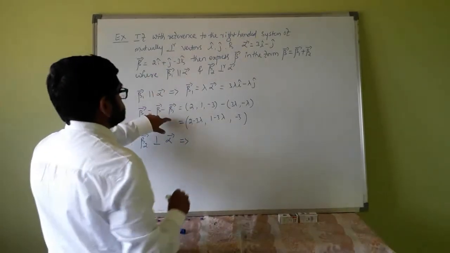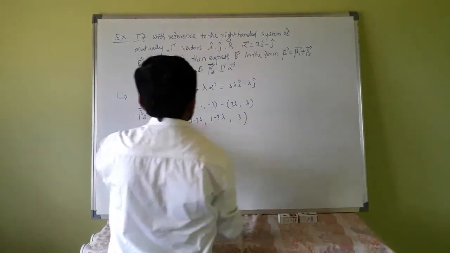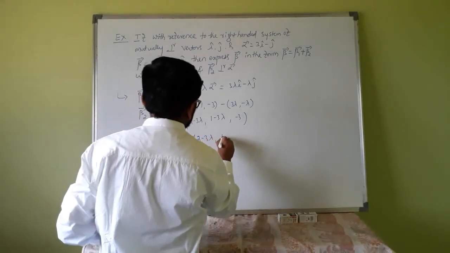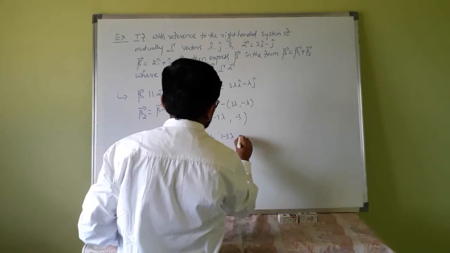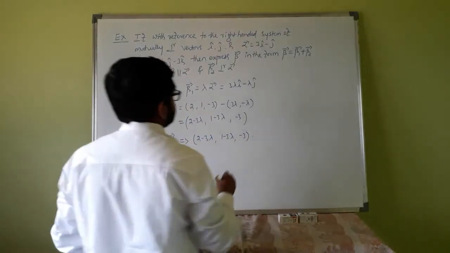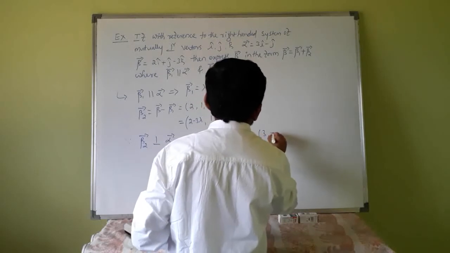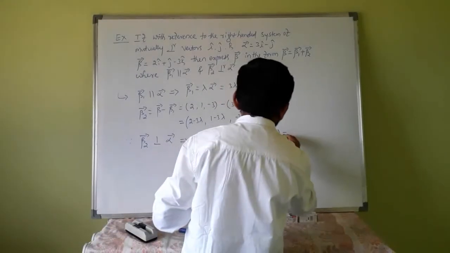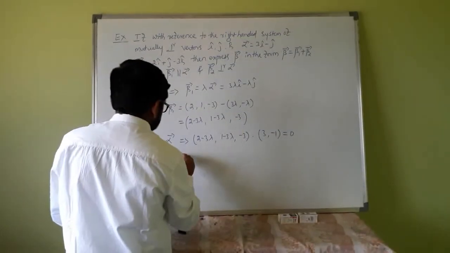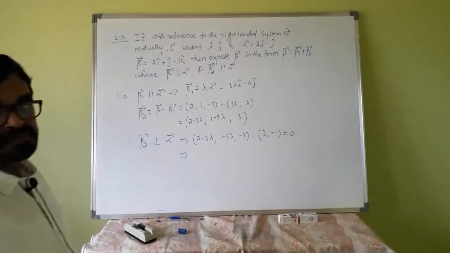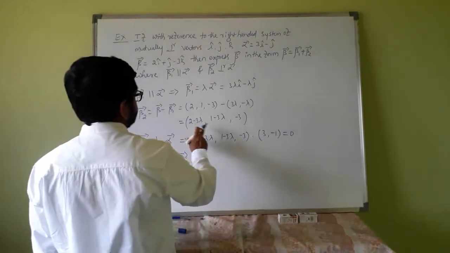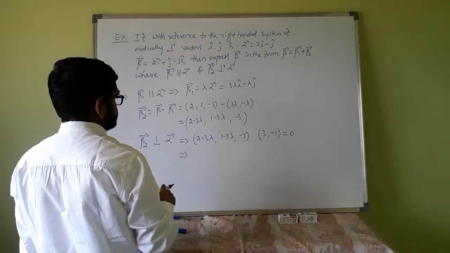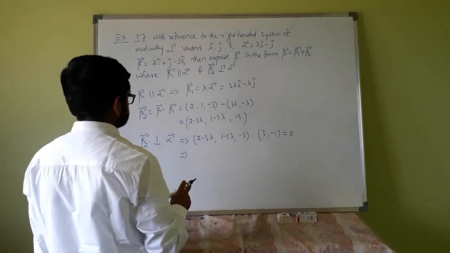Alpha is there: 2 minus 3 lambda, 1 minus 3 lambda, minus 3, dot alpha, which is 3i minus j, is equal to 0. So we have to find lambda here. If you know lambda, you will directly substitute to get beta 1 and beta 2. To find the lambda value, we are applying this result.